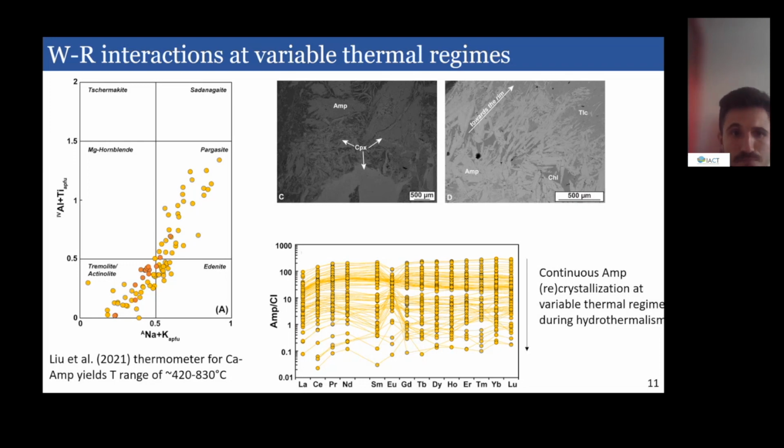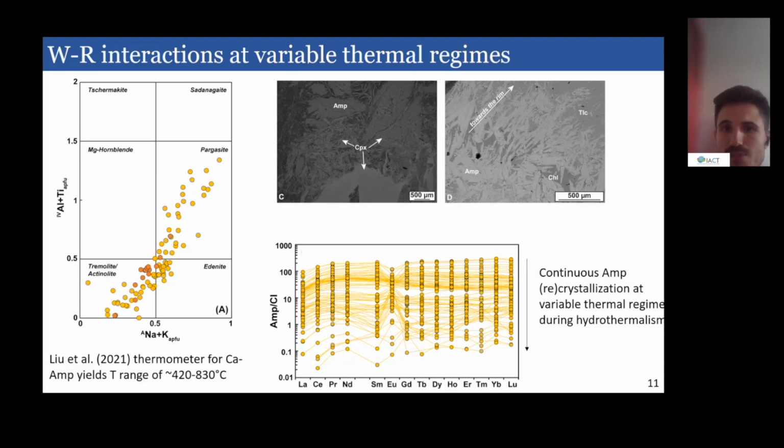And finally, looking at the rare earth element composition of the amphibole, even in the same vein, they present a great variability of composition. We have the early amphibole that directly replaces the igneous clinopyroxene, which presents the highest rare earth element composition with a typical negative europium anomaly.